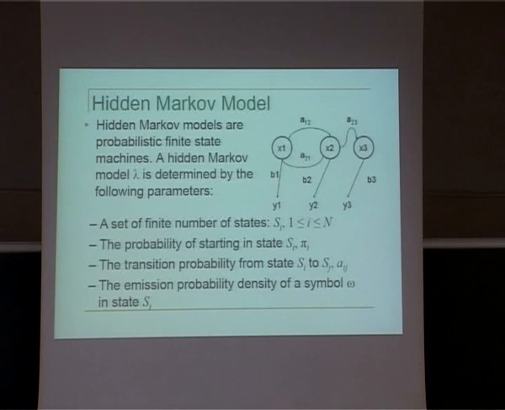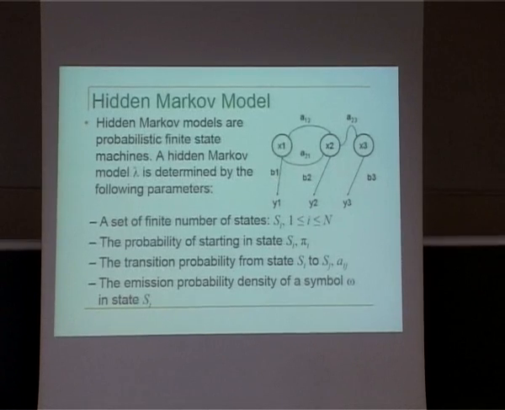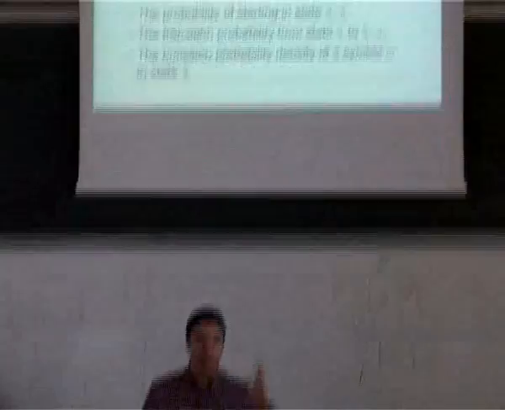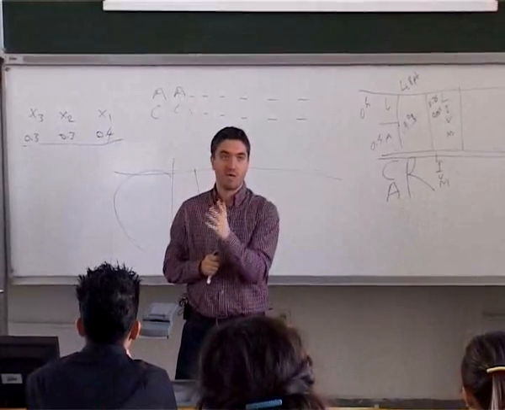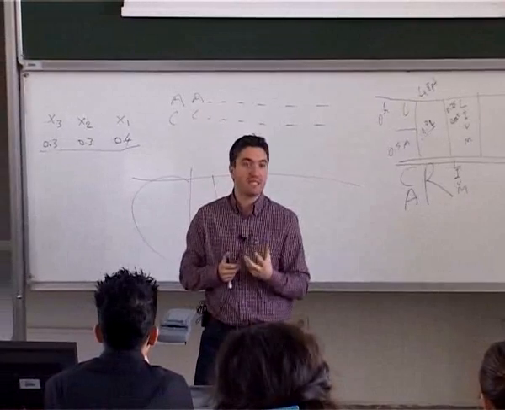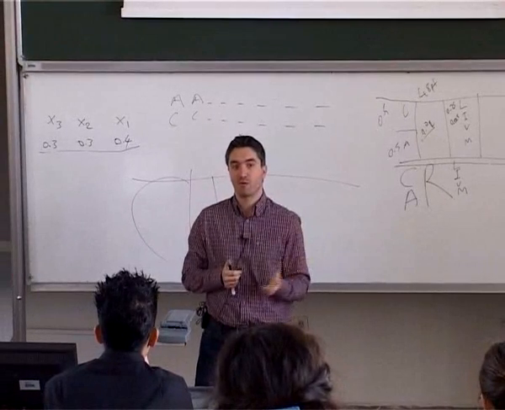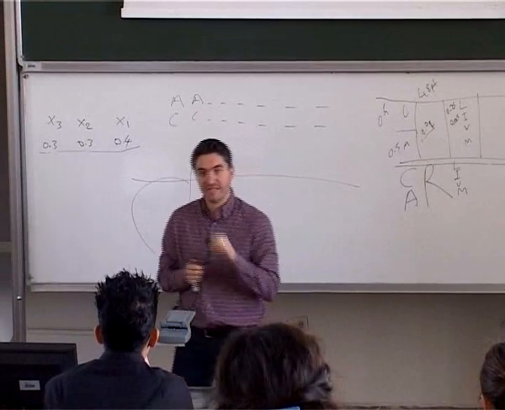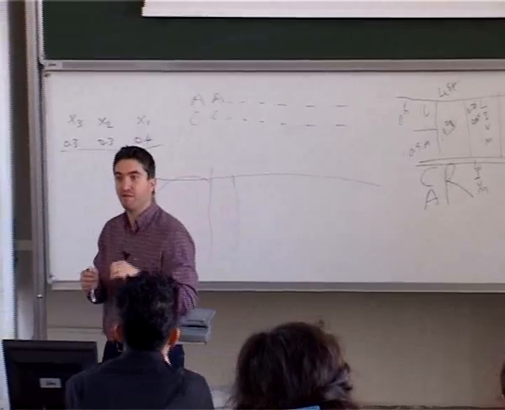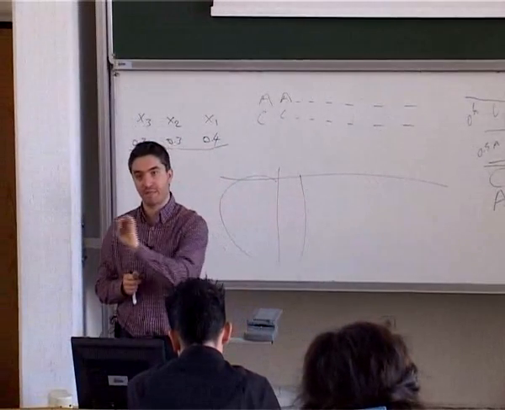In a state, we can emit multiple things, but one at a time. We cannot emit multiple things at the same time step, but multiple amino acids or multiple nucleotides can be emitted in a state with different probabilities. A state may emit different things at different times.